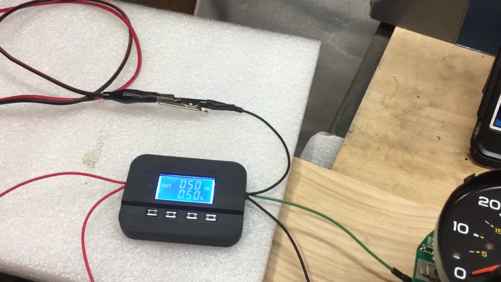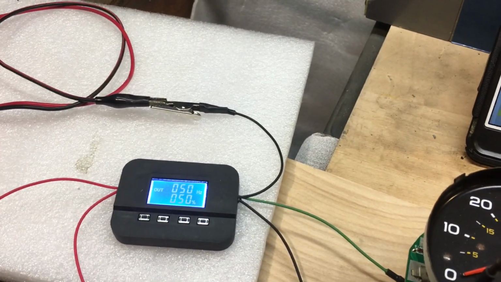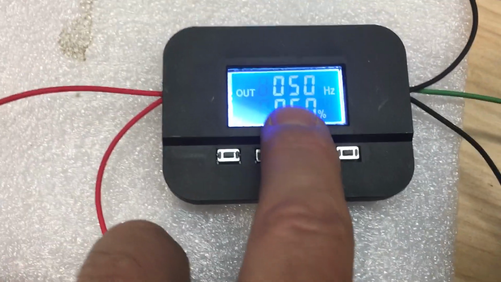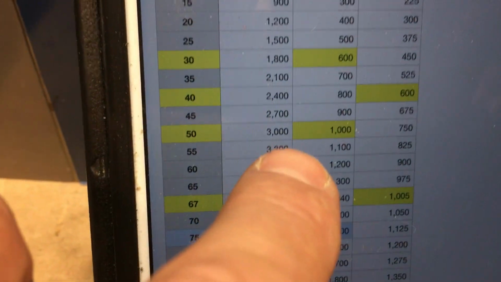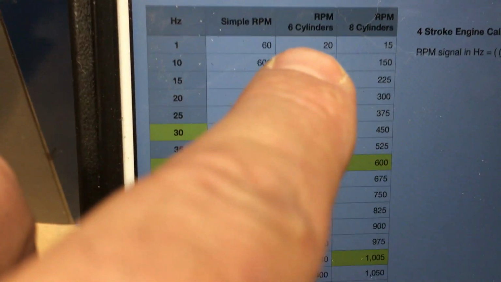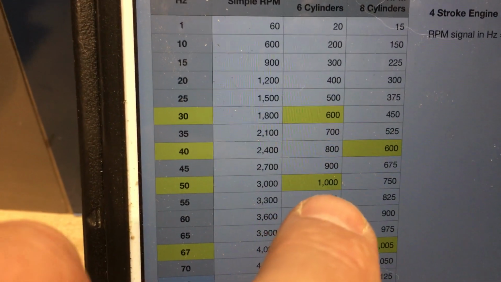Okay, so let's go back to our chart here. The signal generator is set at 50 hertz out. If we look at my chart, 50 hertz is going to equal, for 6 cylinders, 1000 RPM. So I'm going to turn this off first, and connect this up.